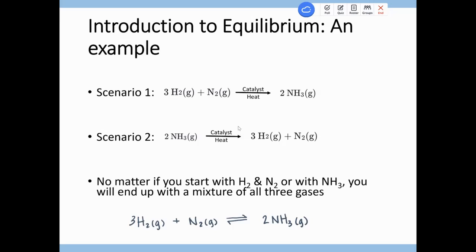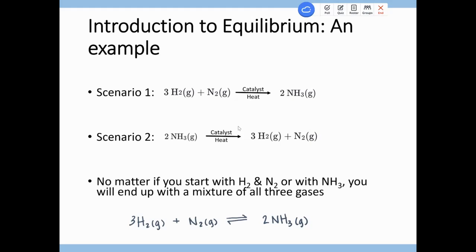Ammonia forms hydrogen and nitrogen, and hydrogen and nitrogen form ammonia. What really happens in either container is that as nitrogen and hydrogen are reacting to form ammonia, ammonia is decomposing to form nitrogen and hydrogen. Both are happening at the same time. So in any container, you have a mixture of both hydrogen and nitrogen, the reactant side on this slide, and ammonia. There will always be a mix because they form each other.